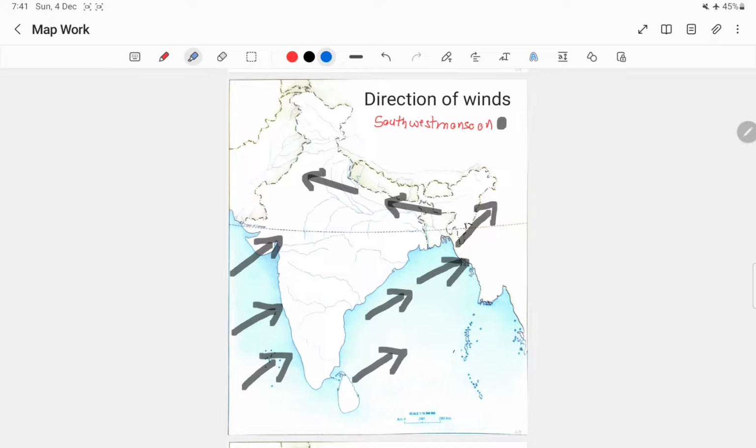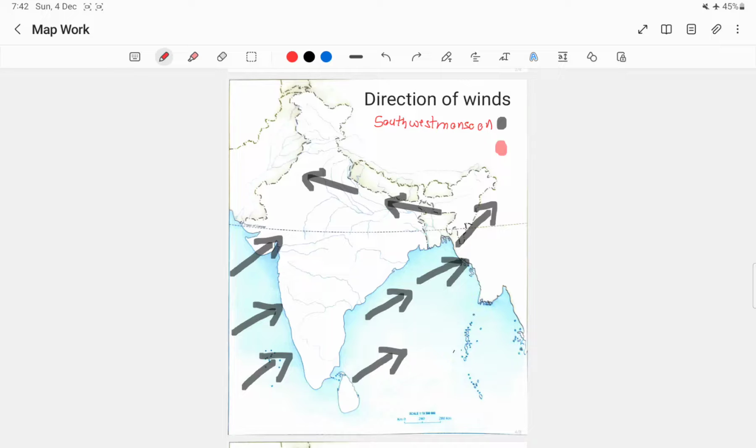Now for clarity, let's use the red color for marking the northeast monsoons. For marking the northeast monsoon, again I'll tell you one trick, that you need 11 total arrows.